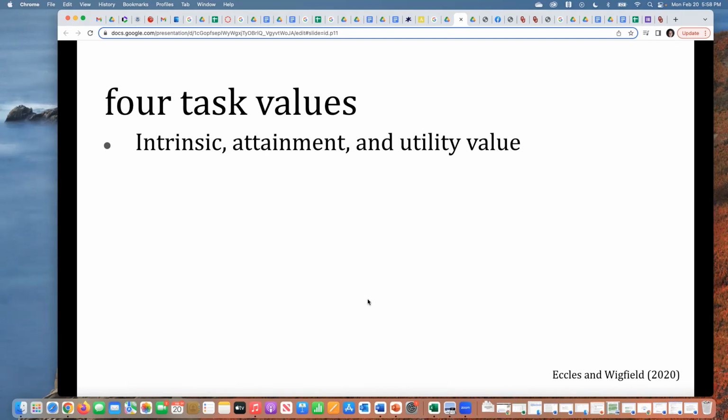Finally, the third of the 4 task value constructs is referred to as utility value. Utility value refers to the perceived usefulness of a given academic task or domain. So, for example, if I am taking a course in, let's take this course, 5183, let's say that you're planning to do your dissertation research on motivation.